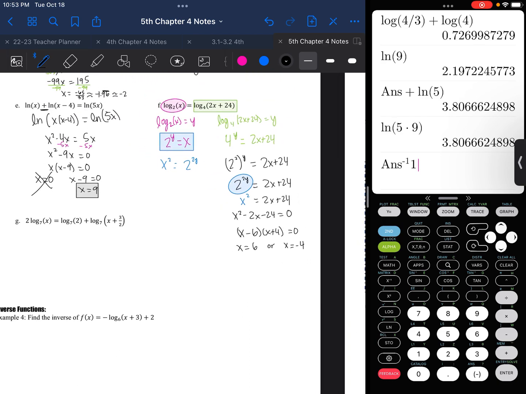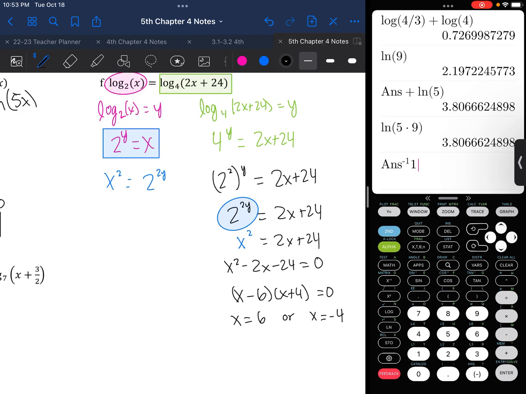Okay, I know that this is weird. I know that this is a conceptually weird thing. We're essentially using u substitution. We're saying that u equals 2 to the power of y, and therefore u squared equals 2 to the power of 2y.